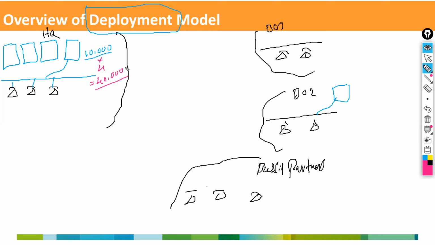Don't go into how many servers are in the cluster; that will be discussed later. Just understand individual server 10,000, in a cluster 40,000. I'm not telling only 4 servers; actually 20 servers you can place in a cluster.